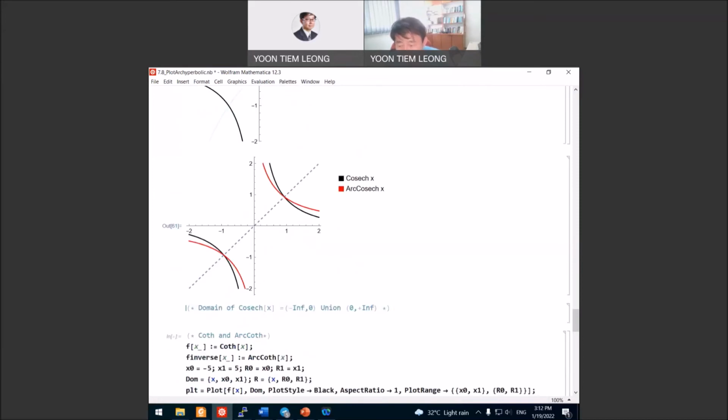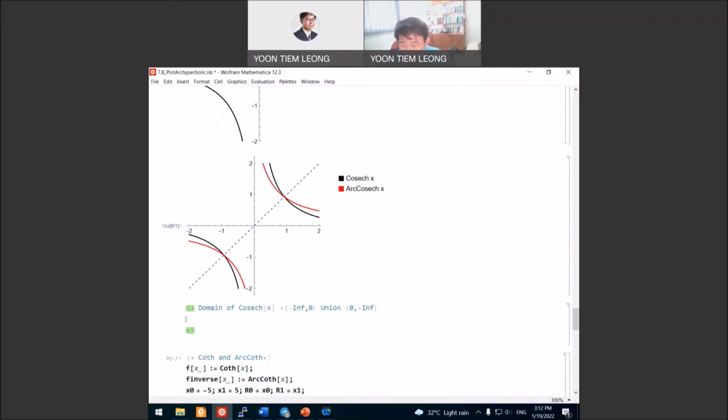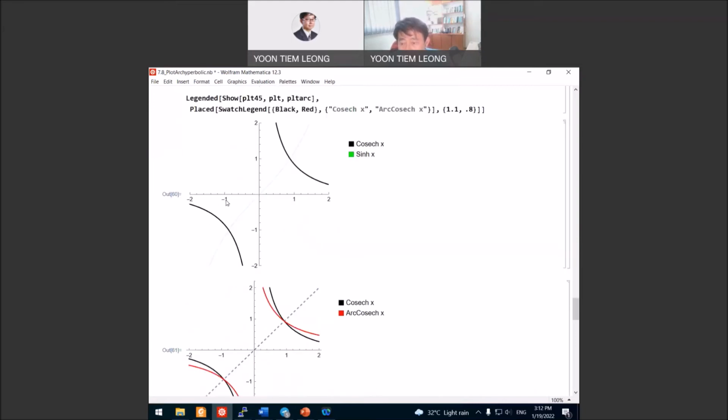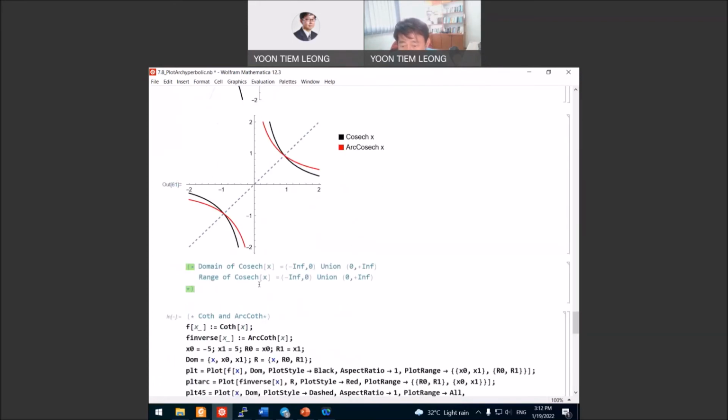Then from here, you can also easily see the range of the cosecant function is from minus infinity to positive infinity, except 0. So the range and domain of the hyperbolic cosecant are both the same.